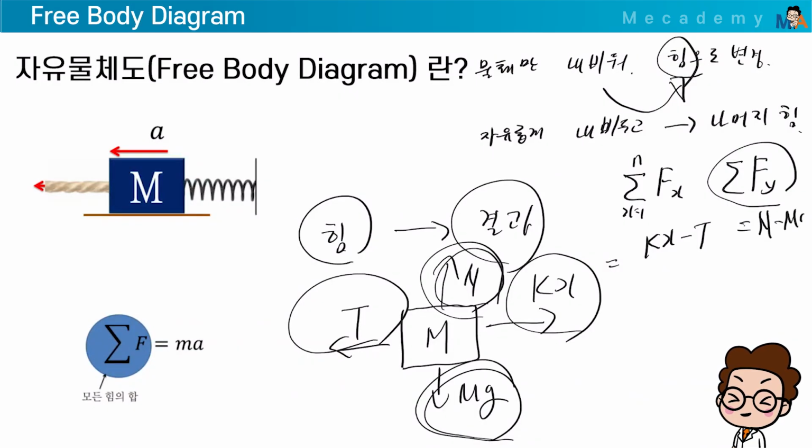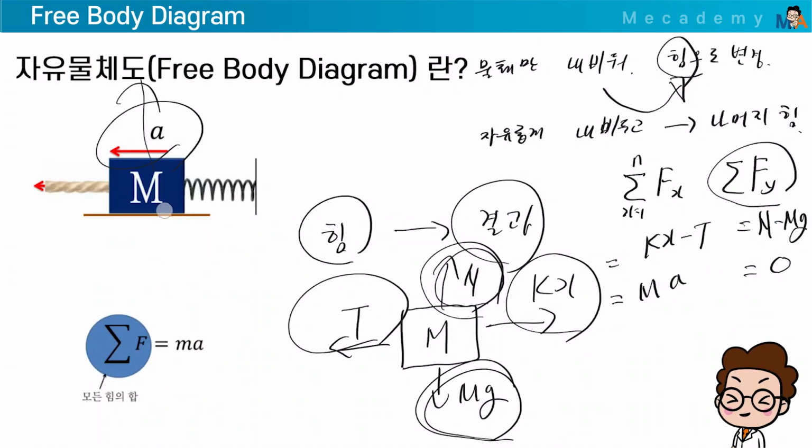This becomes N minus mg. Do you understand? So let's sum the forces. In the x direction, we have acceleration, so the sum of forces equals ma. But in the y direction, what's the sum? It's 0. It doesn't go up here or sink into the ground, so the acceleration you find will be negative, right? Because the acceleration goes to the left.